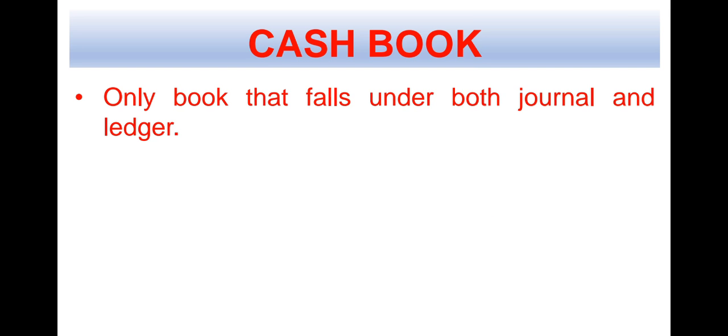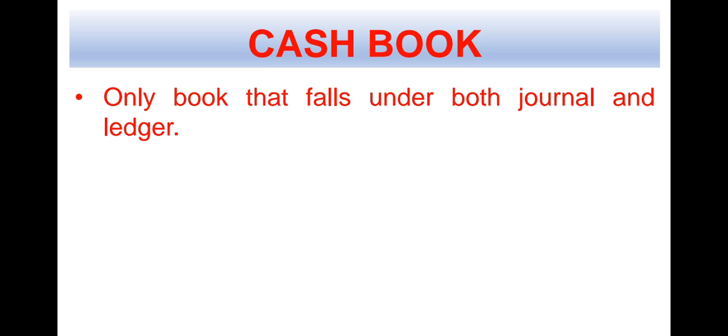If you are talking about cash book, it is the only book that falls under both journal and ledger. If you remember when I explained journal in my tutorial on journal, there are various types of journal. We have sales journal, purchase journal, return inwards journal, return outwards journal, general journal or journal proper, and cash book. The same thing happens when we treat the ledger, the various ledgers we have.